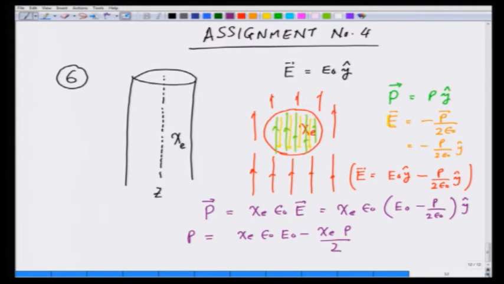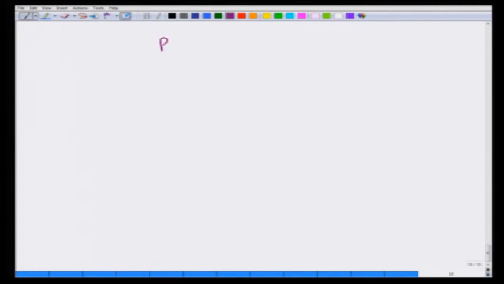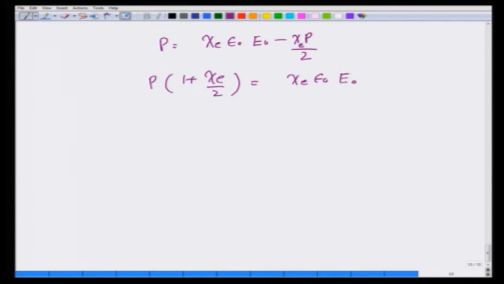So, the equation now I have is P is equal to chi e epsilon 0 E 0 minus chi e P over 2, and that gives me P times 1 plus chi e over 2 is equal to chi e epsilon 0 E 0, or P is equal to 2 chi e over 2 plus chi e epsilon 0 E 0.